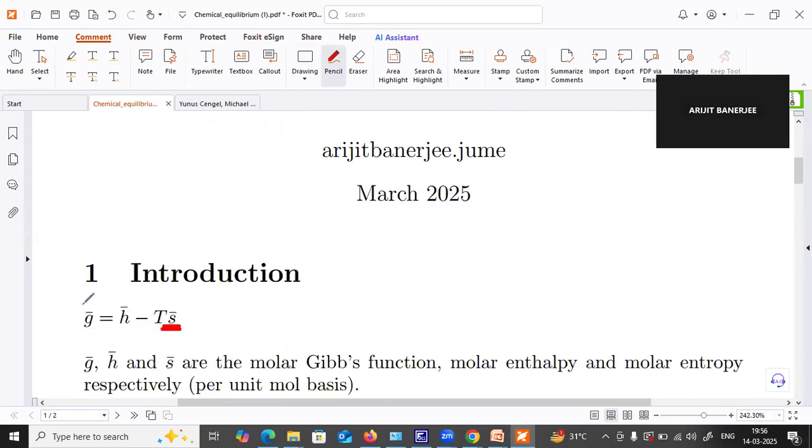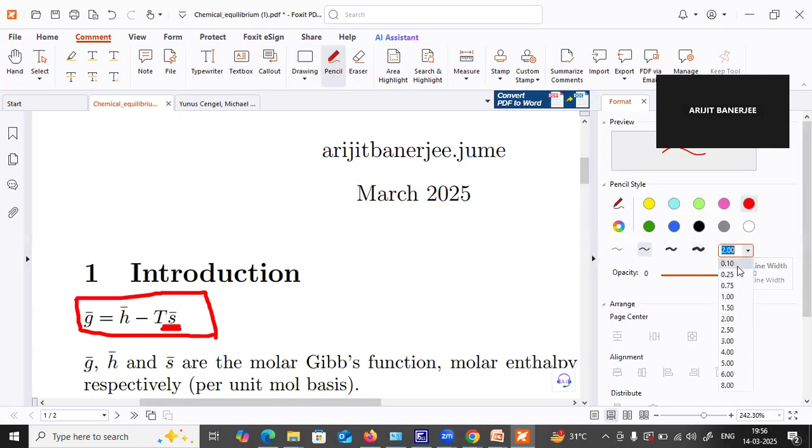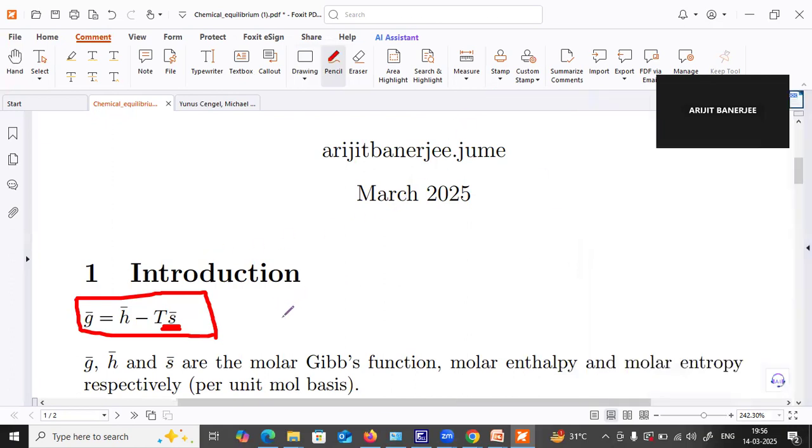Try to follow: if I differentiate this, what will it become? dg is equal to dh, minus tds, minus s dt.